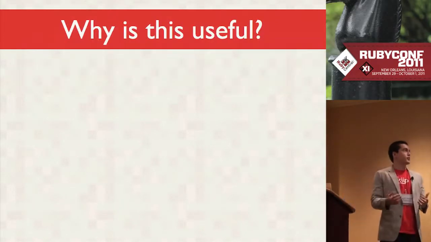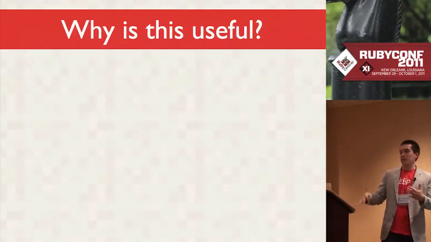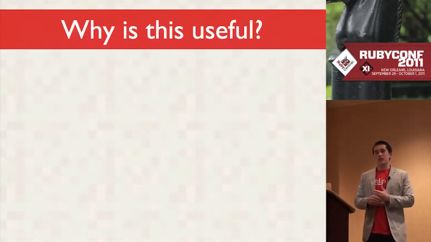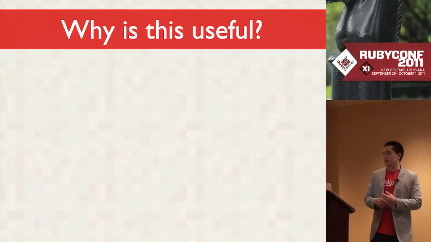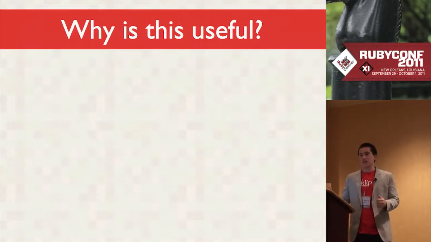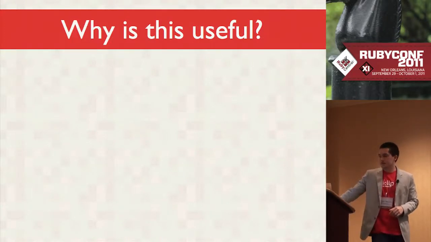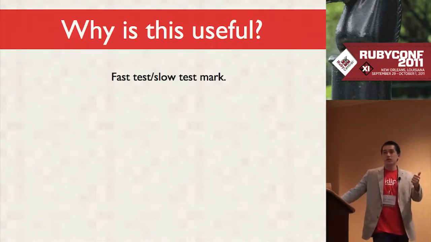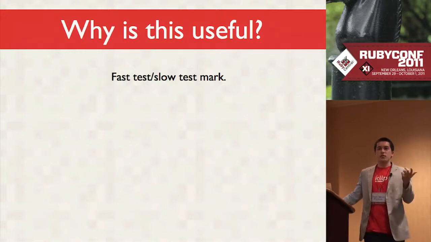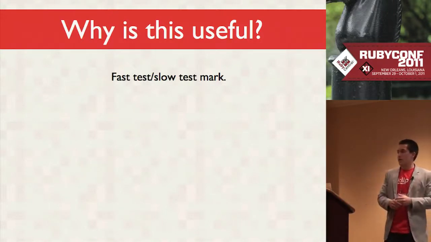So why is this useful? Again, when I first saw this, and maybe a lot of you are thinking this, I was like, that's gimmicky, not really useful, not a power tool. But it is one of the most important tools I use now in testing. It's really useful for fast test and slow test marking, for sanity test marking.